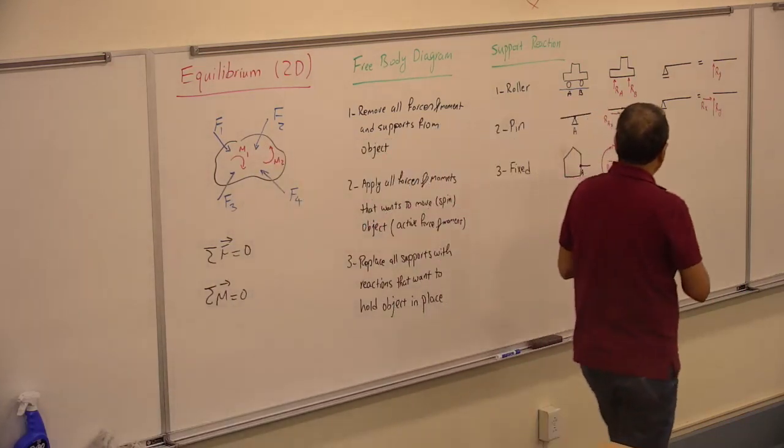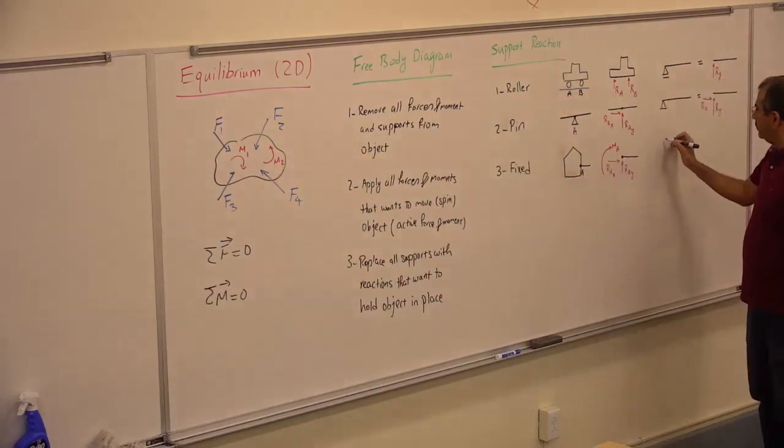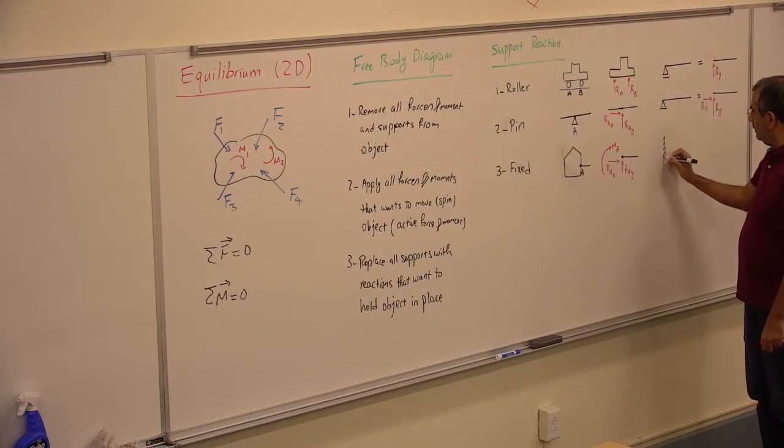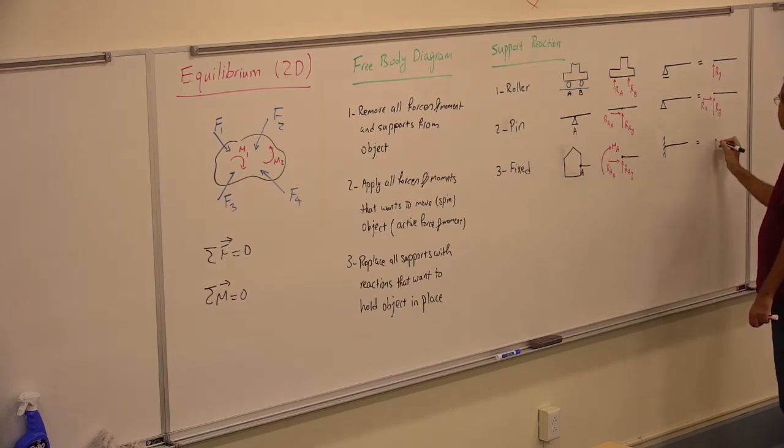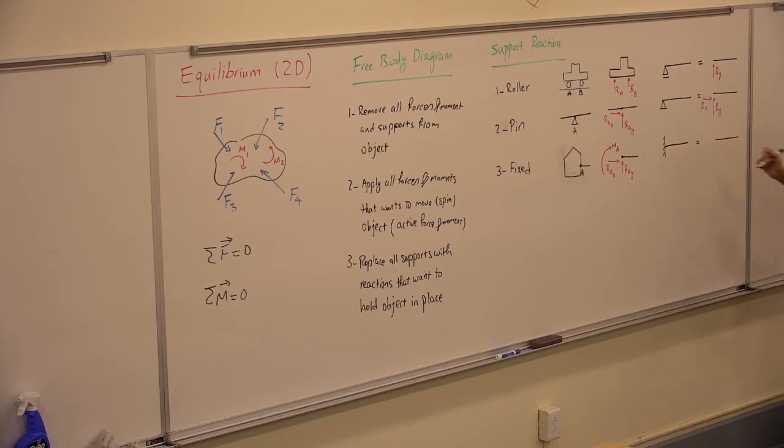So how is it usually shown? It's usually shown like this, something like that. So again, when we want to replace it, we put R Y, R X, and M.